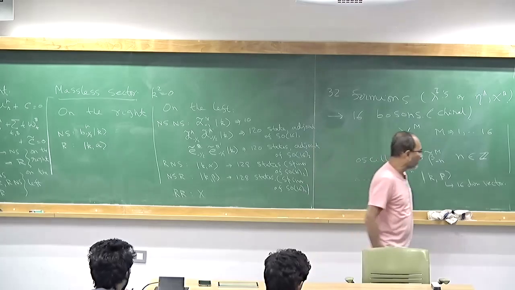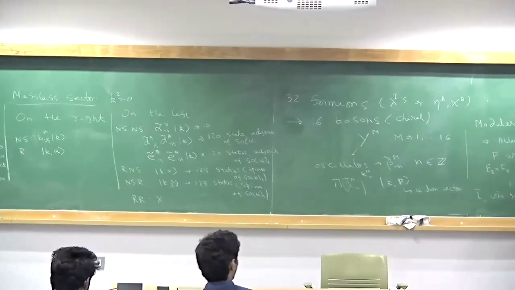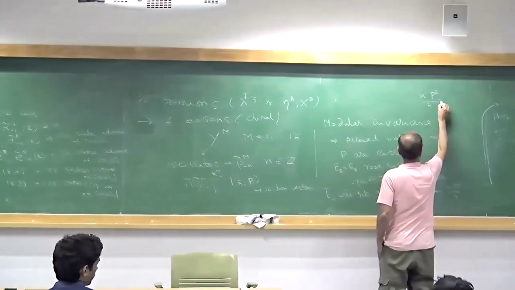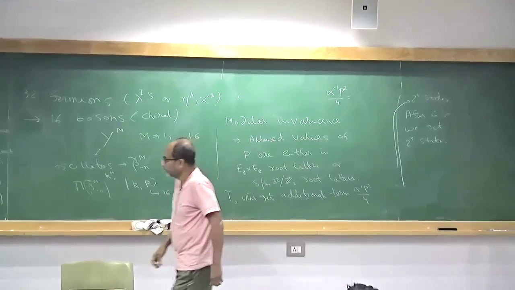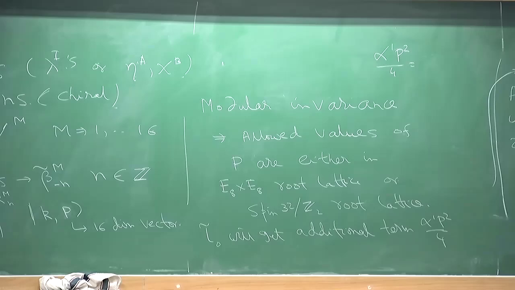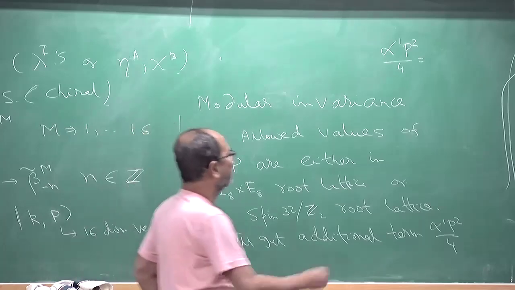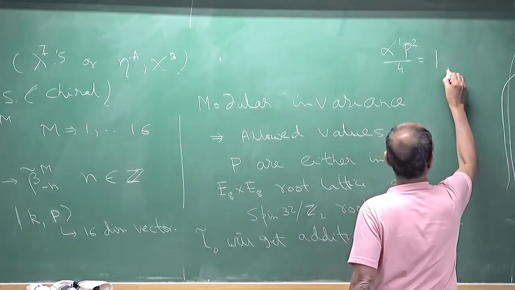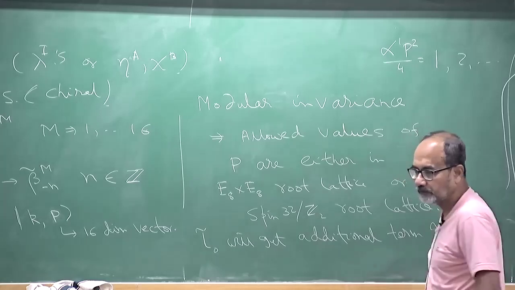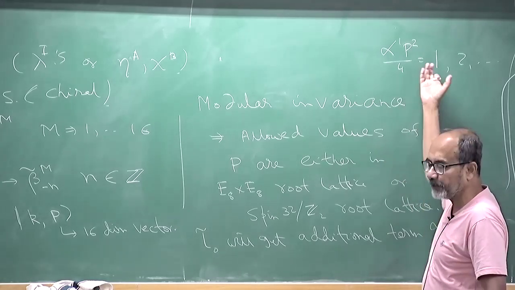That alpha prime P squared by 4: here we got these from these oscillators. In the massless sector, we got this 1 by applying these, and this has minimum value 1. So the massless sector basically comes from taking alpha prime P squared by 4 equal to 1.